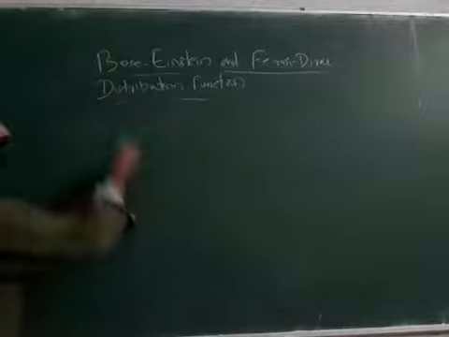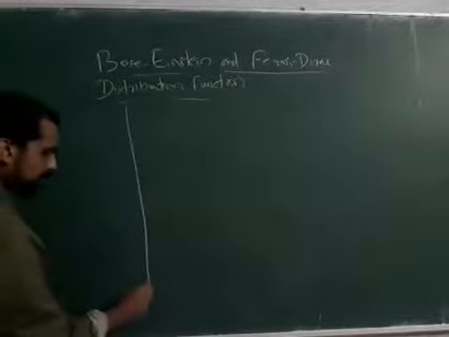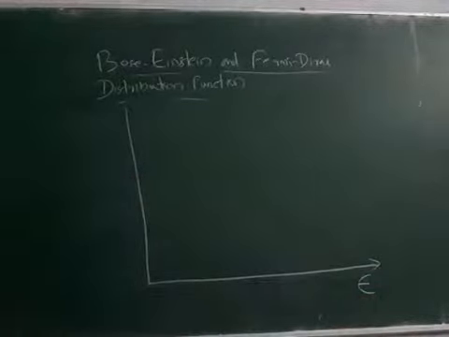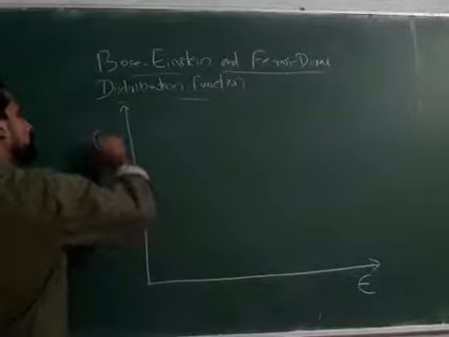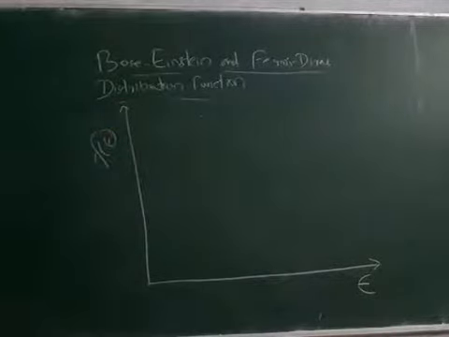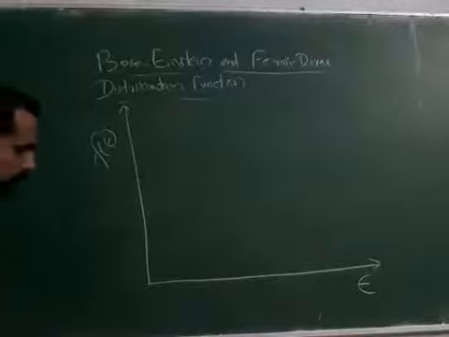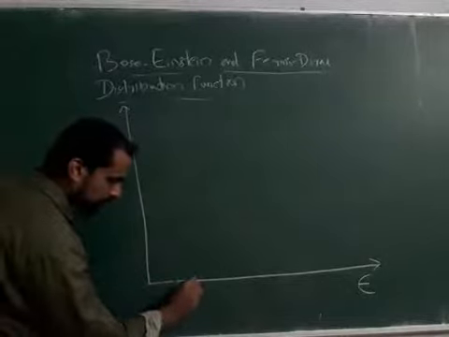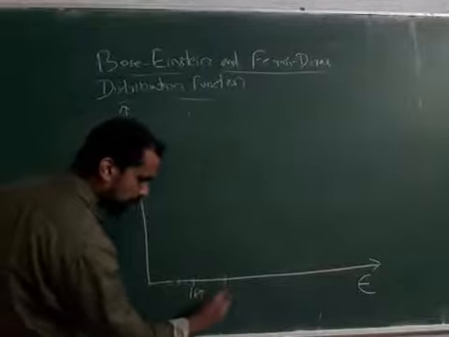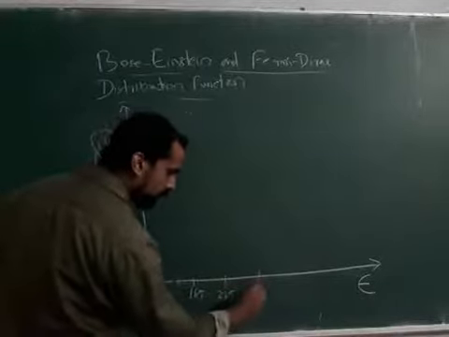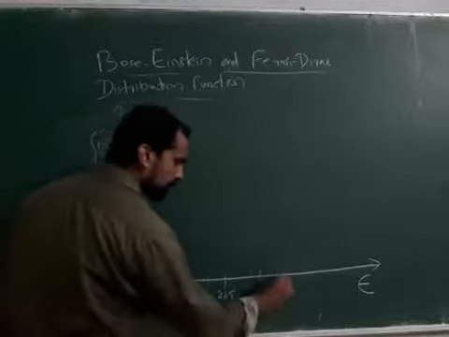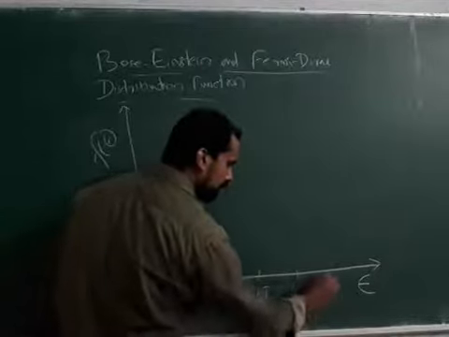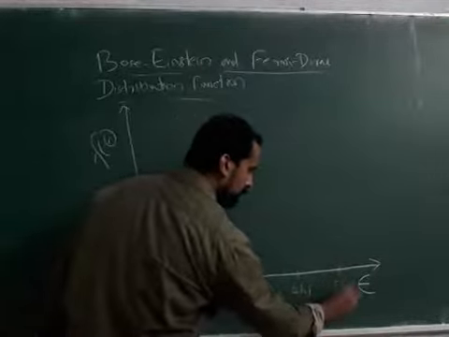So this is your y-axis and this is your x-axis. On the x-axis you have epsilon, and on the y-axis you have f of epsilon. Okay, so if you draw this, I am just writing the energy here: 1 kT, 2 kT, 3 kT, 4 kT, and 5 kT.